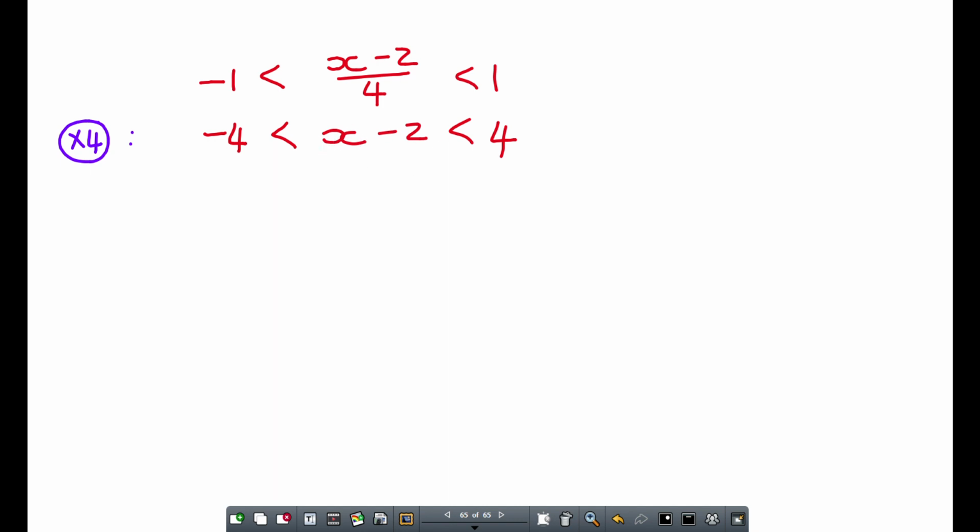So how do I get rid of that minus 2? I'm going to add 2 to every single one of those. In other words, it becomes minus 2, x and 6. Okay, so x must be between minus 2 and 6. Then the series would converge. Any questions there?